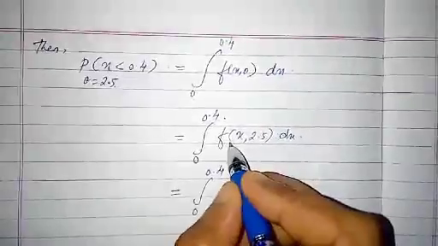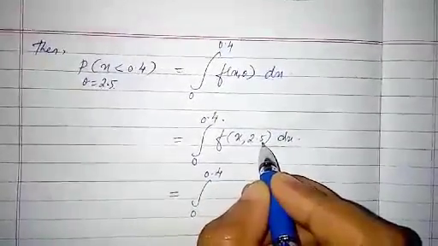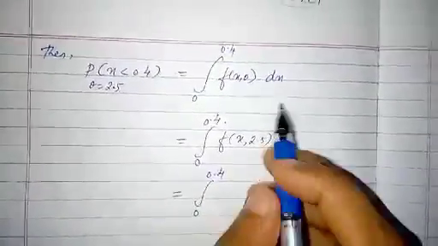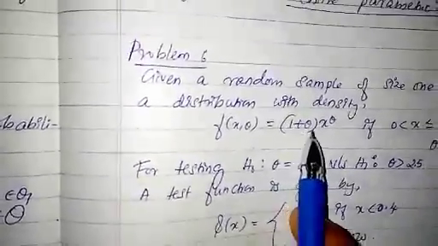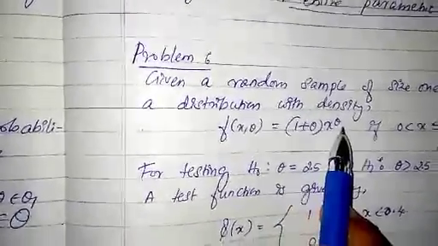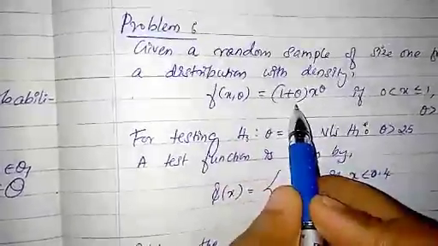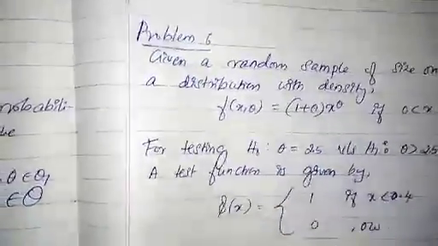Then what is the value for f of x, 2.5? Here it is given that f of x, theta equal to 1 plus theta x to the power theta, right? So you have to substitute here theta equal to 2.5.